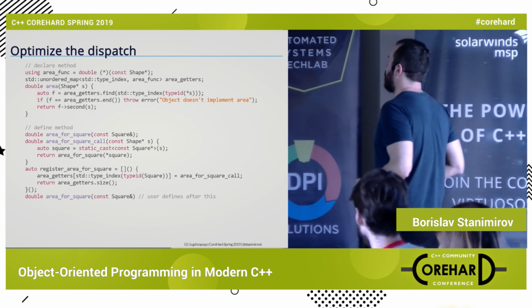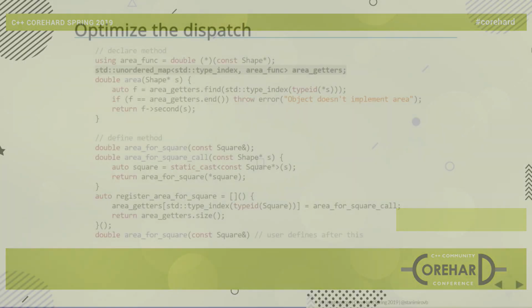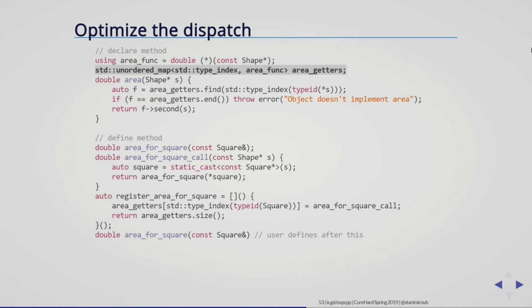We can actually optimize it using, again, more stuff from the runtime type information in C++. We can use type index. And type index is something that is implementation defined, but all of our type information has it.